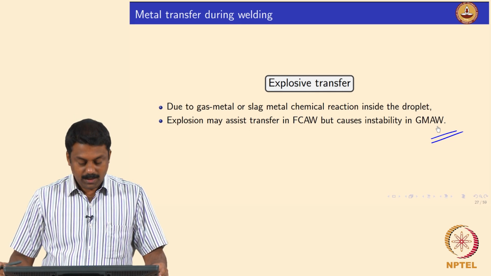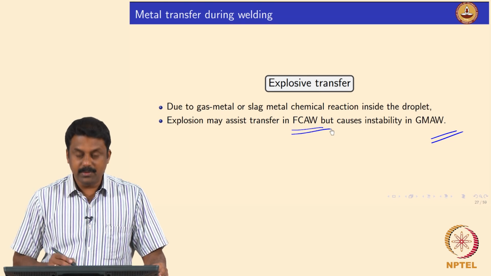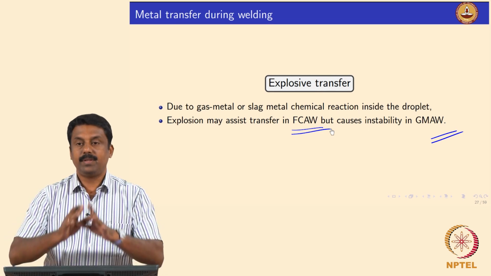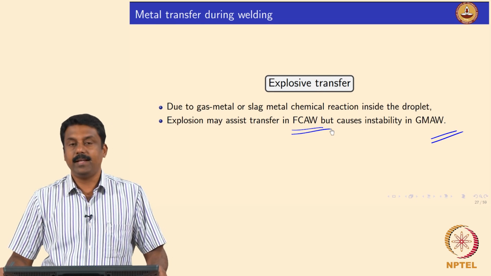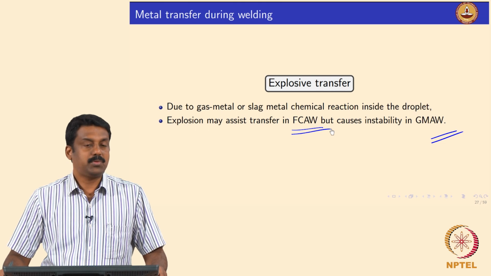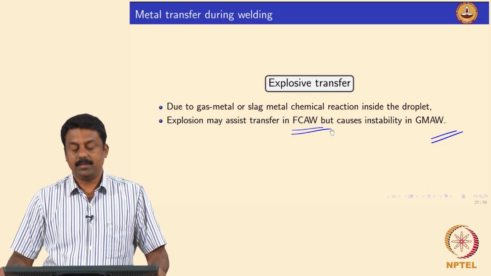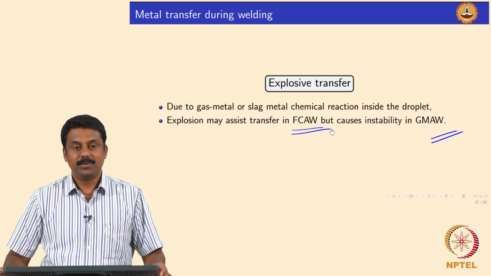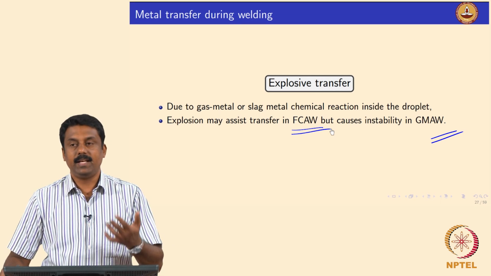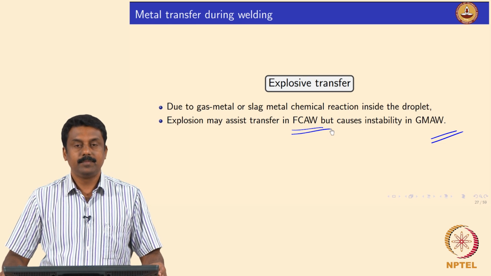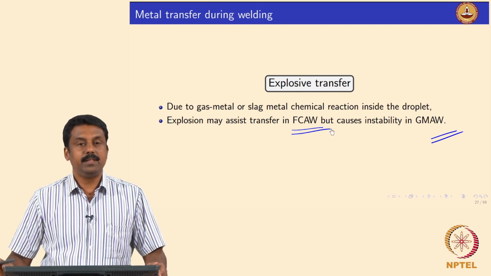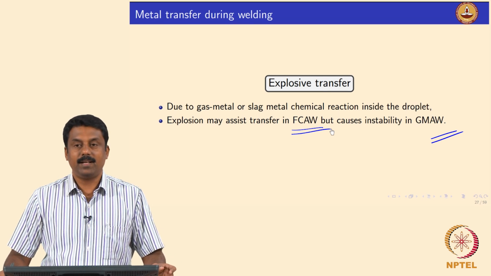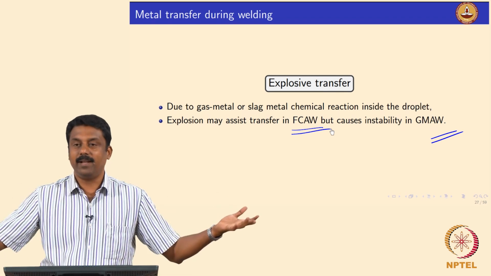In most cases it is used for spraying or coating, if you want to deposit FCAW wire onto the substrate, because you do not care where exactly the droplet is going. You can do an explosive transfer using high current and increase productivity, but in GMAW it causes instability, because when welding you do not expect a droplet to explode and go everywhere.